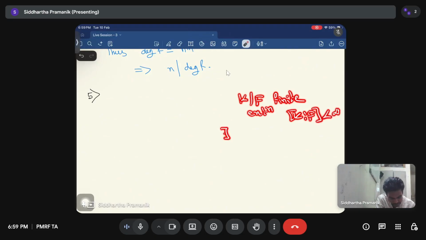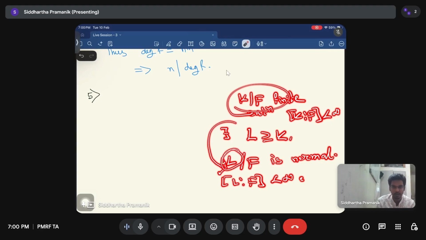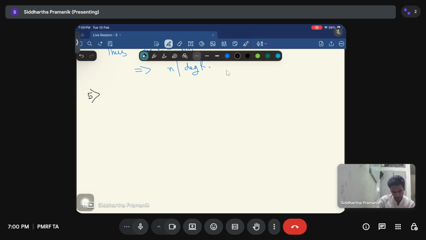Then there exists another field L which contains K, such that L over F is normal, and this is also a finite extension. So any finite extension can be further extended to a normal extension. And if we take the smallest such extension, then it is called the normal closure. So let me define this, then I will prove its existence and also uniqueness.